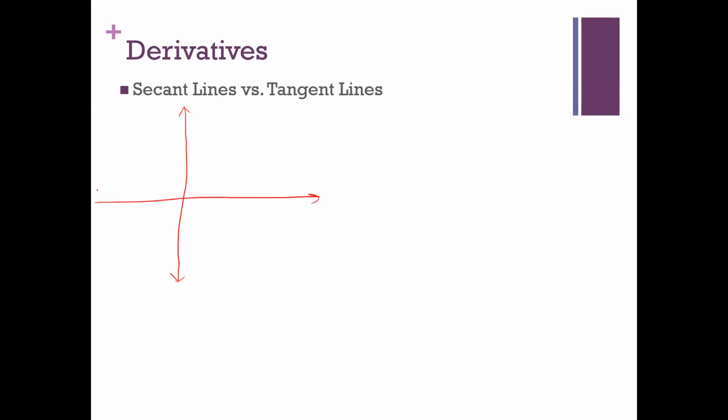So the way we're going to develop that is through the idea of secant lines and tangent lines. Tangent line, it sounds like a few of you have heard of. Secant line is maybe a little more obscure. So let me just draw an arbitrary looking curve here, at x equal a.